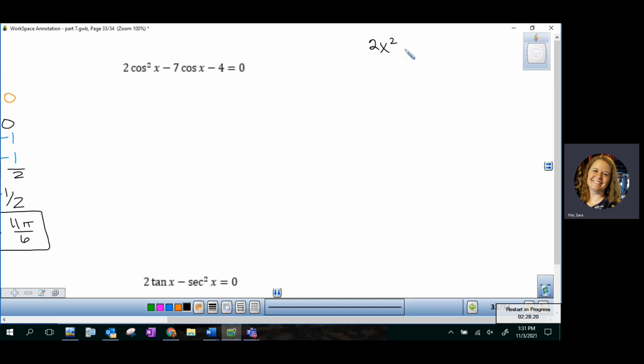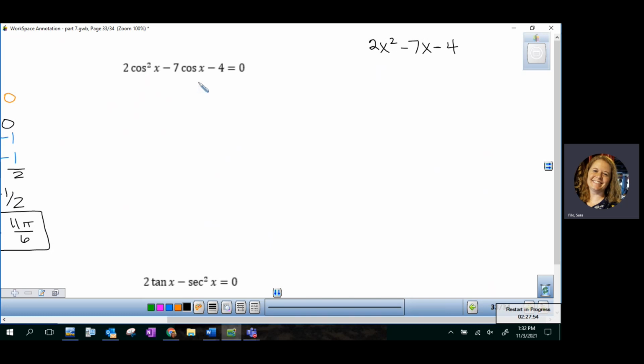You do not have to do it that way, but that's the same thing. We're going to factor this cosine expression the same way we would factor this one. Y'all understand that? It's just instead of x, it's actually cosine x, right?